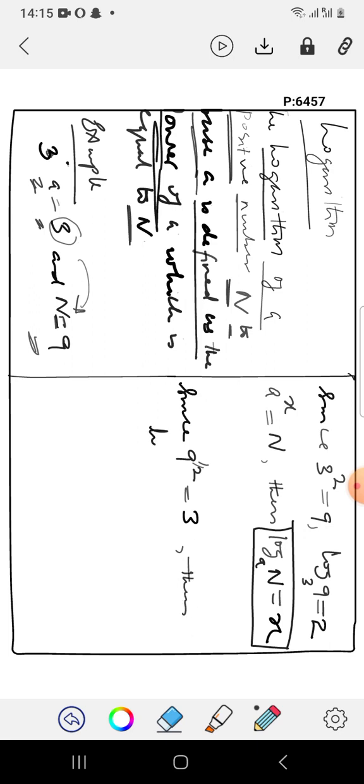It means that log of 9, sorry, to the base of 3 is actually half.